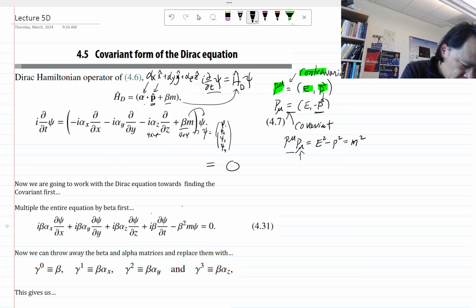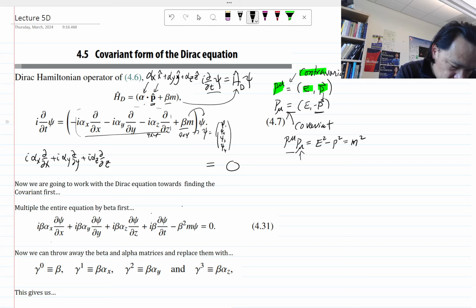All the alphas: i alpha x partial by partial x, plus i alpha y partial by partial y, plus i alpha z partial by partial z.